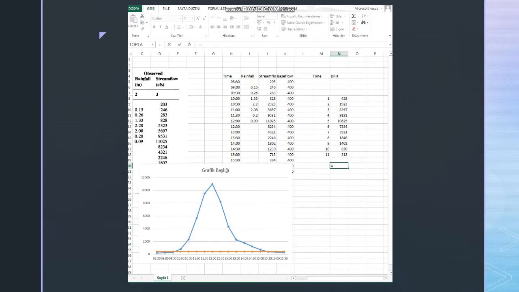You can see on your Excel a summation from here to here. So it's 43,550 cubic feet per second of water accumulated on this storm hydrograph. Let's stop over here and then start to solve on our paper.